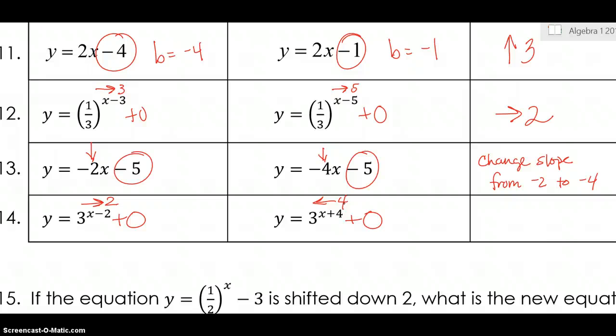So we are actually shifting which direction? Left? How many? 6. This one is +2, essentially. And this one, because we're going left, is -4. So how do we go from +2 to -4? We have to shift left 6.